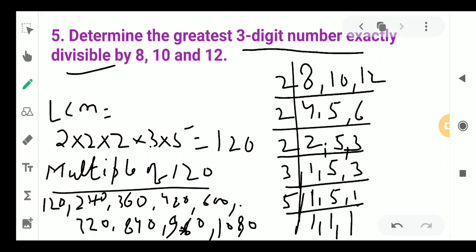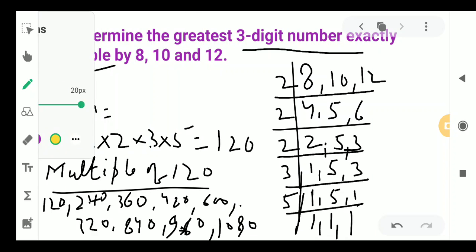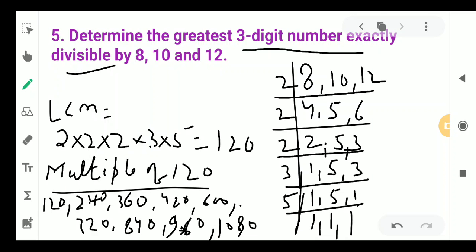Now once we are finding the multiples of 120, we see that 960 is the largest 3-digit number which is a multiple of this.